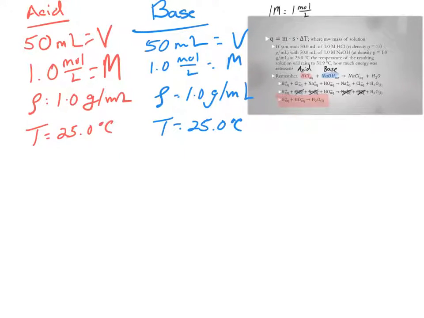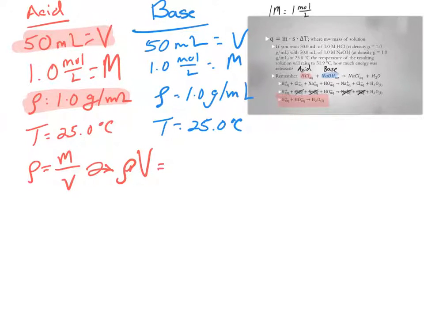Well, since we have the density in 1 gram per milliliter, and we've got 50 milliliters, we can simply take the density is mass divided by volume equation, rearrange it to say density times volume is the mass, and so we've got 1.0 grams per milliliter times 50 milliliters.